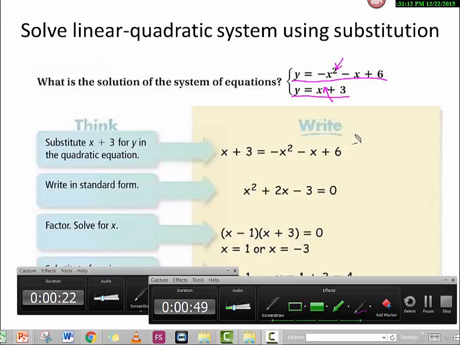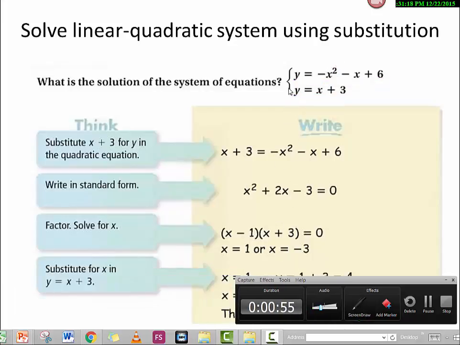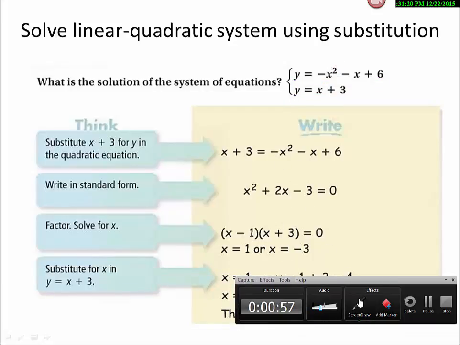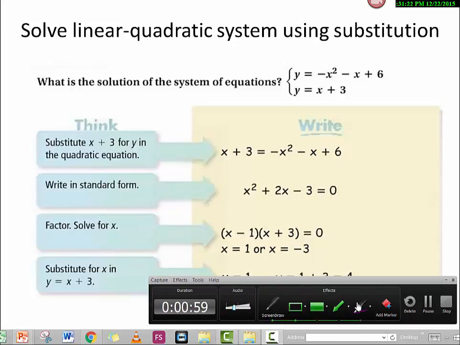So the substitution is to substitute for y. We substitute y, which is equal to x plus 3, into this y. So that's why you have the first equation right here.